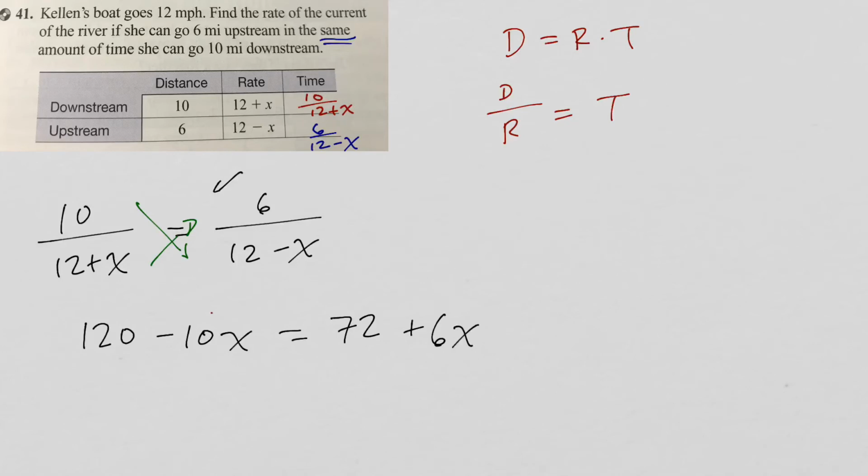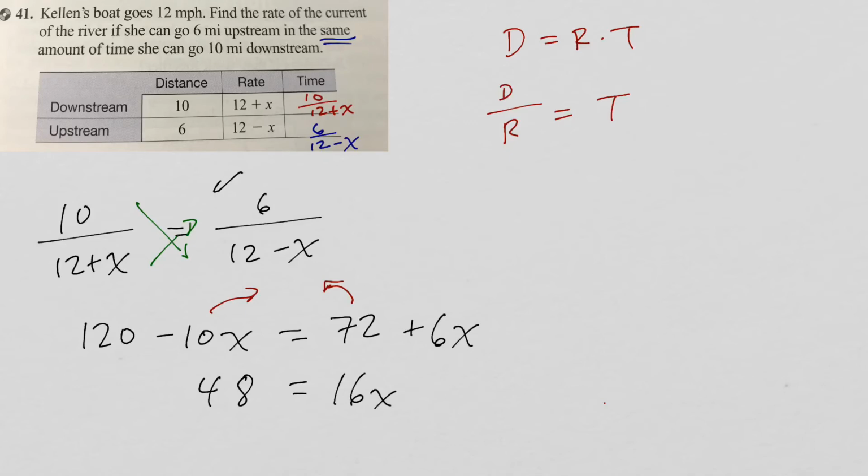So I'll bring my x this way by adding it, and 6 plus 10 is 16x. I'll bring my 72 this way by subtracting it, and 120 minus 72 is 48.